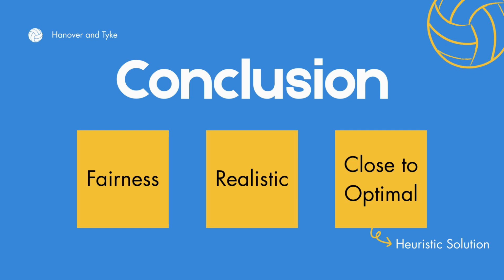Although we didn't factor in unpredictable things, our schedule is tight and clean, leaving space for real-world adjustments. Most importantly, our heuristic offers a great trade-off. It's fast, easy to implement, and gives results close to optimal. That makes it a strong solution for practical use.